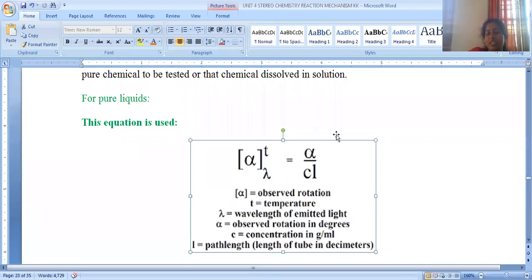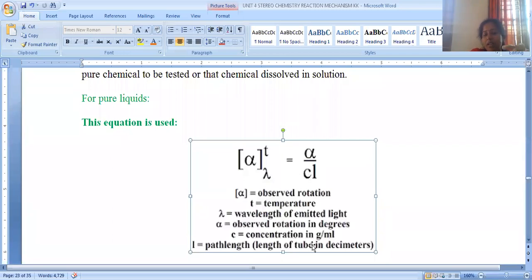Observed rotation means the extent to which it is rotating. For example, if 50 degrees rotation is there, that 50 degrees is taken as alpha. If the concentration is 1 molar, C should be indicated as 1 molar concentration. L is nothing but length.